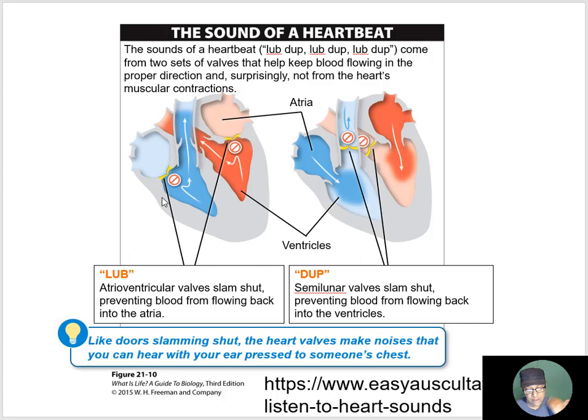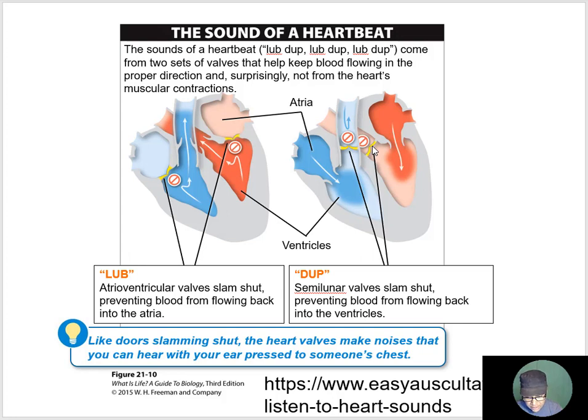And so the lub of the lub-dub is coming from the sound of these valves slamming shut, preventing blood from flowing back into the atria so that the blood goes from the atria to the ventricle. Now the dub is the sound of the valves called the semilunar valves, and you've got one here heading off to the lungs, and you've got one here heading off to the aorta, right?